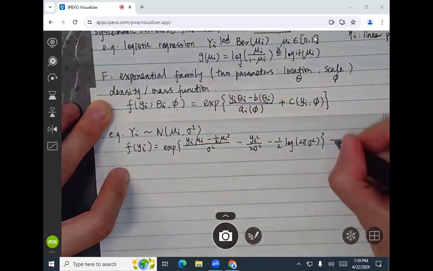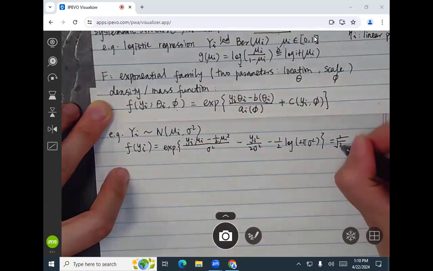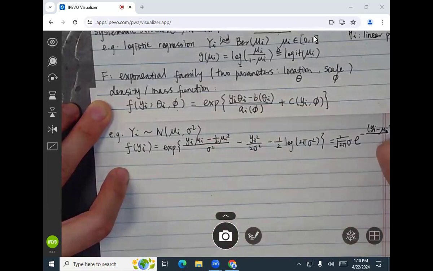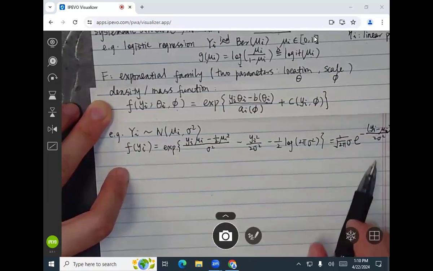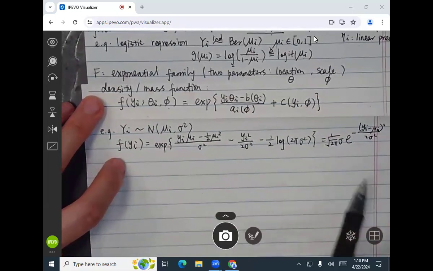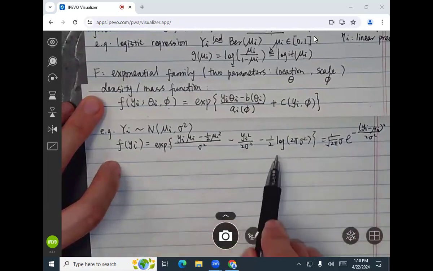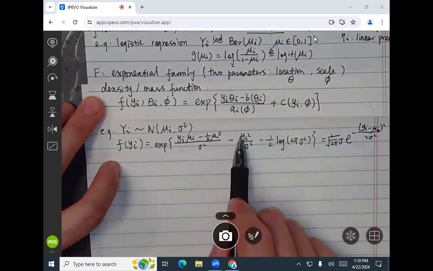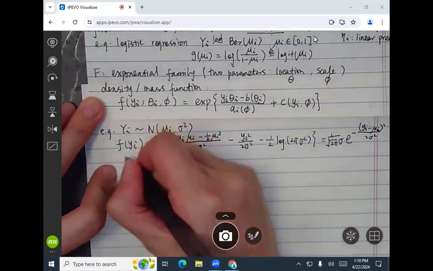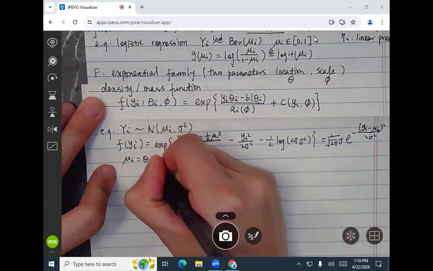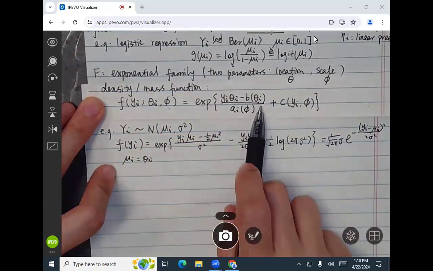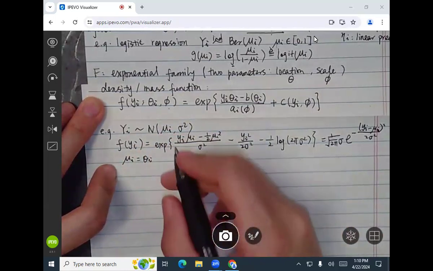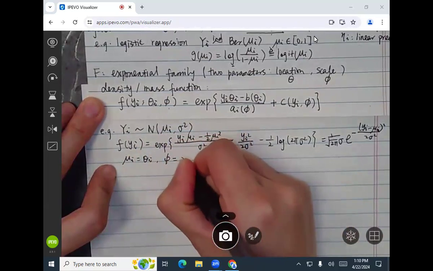So this is actually equal to the form we are familiar with: 1 over root 2 pi sigma times exponential of minus (yi minus mu i) squared over 2 sigma squared. It's exactly the same thing. I'm just rewriting it into this form so I have a better correspondence with the exponential family. By matching the terms, we have theta i is just mu i, and phi equals sigma squared.